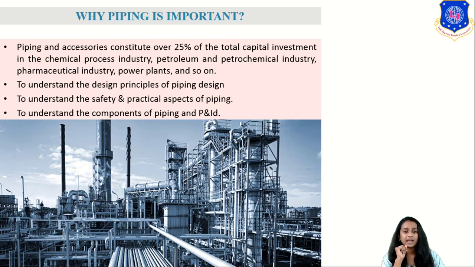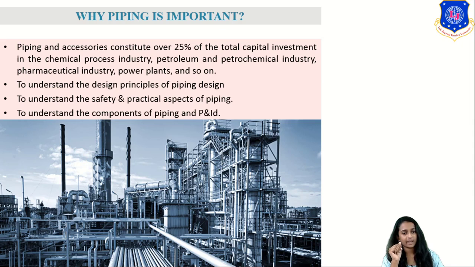Then why is piping important? As you can see from the figure, there are so many pipes in any industry. In any chemical process industry, petroleum industry, petrochemical industry, or power plant, piping requires 25% of the total capital investment.